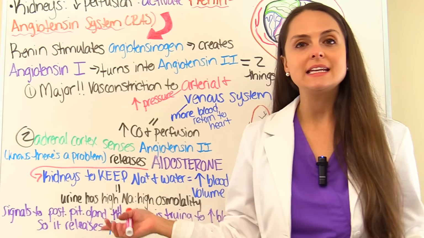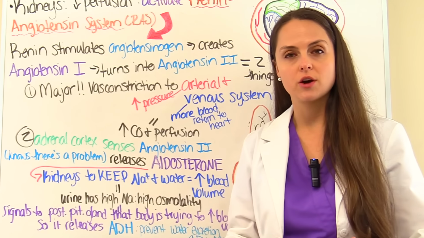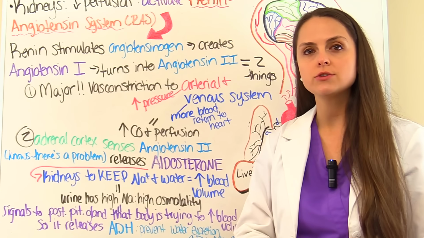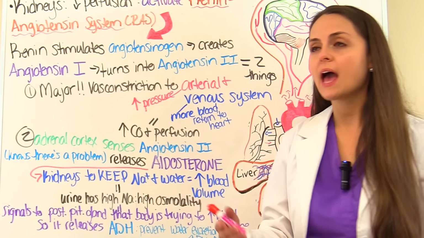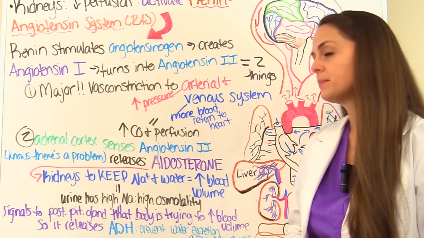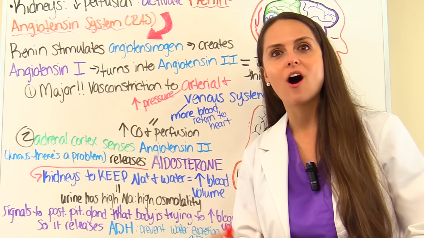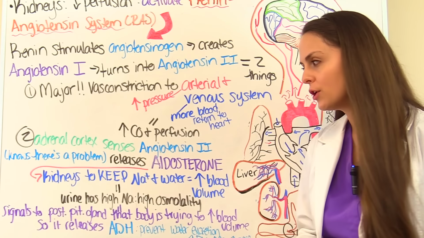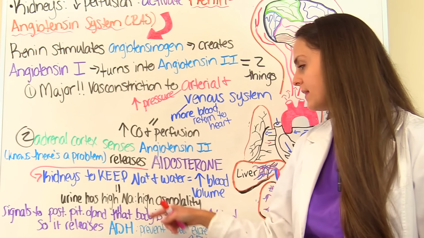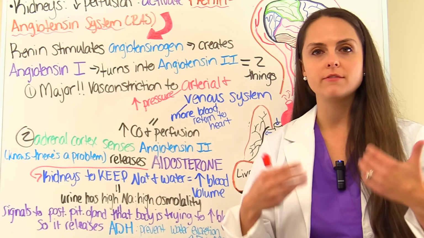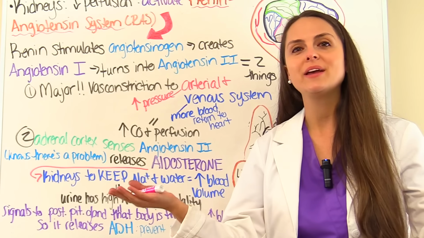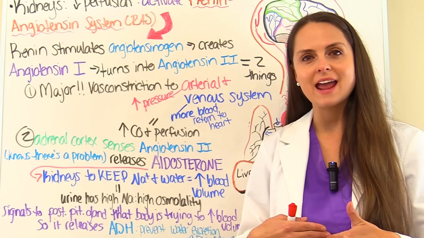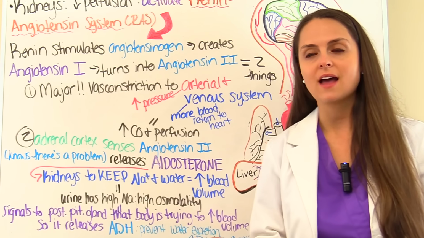Now, because the kidneys are keeping that sodium, it's going to cause the urine to have a higher sodium content, which will lead the urine to have a high osmolality. Because it has a high osmolality, this is going to signal to the posterior pituitary gland that the body is trying to increase blood volume because there is an issue in the body, hence shock, where it needs some more blood volume to maintain its hemodynamic status.